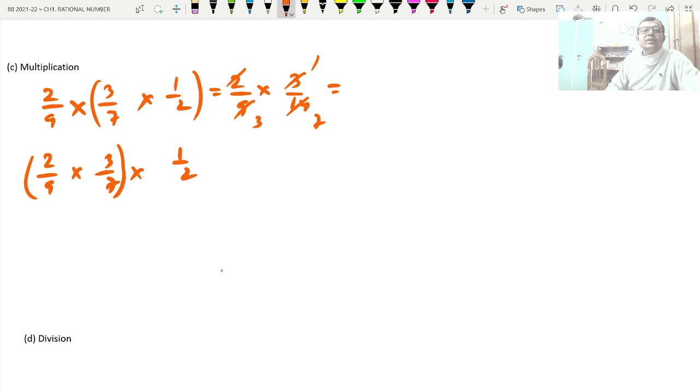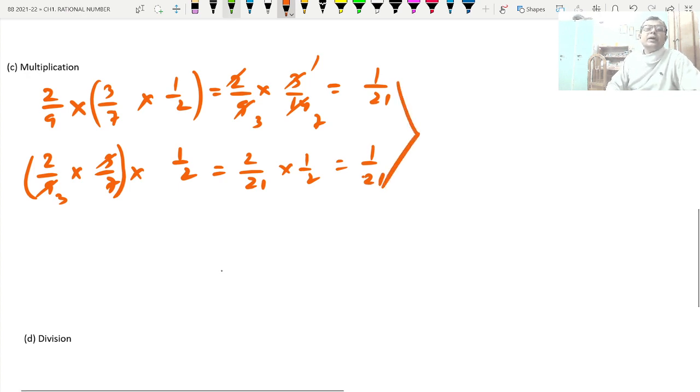So it will be 1 by 21. So here it will be 2 by 9 into this if you multiply, this you cancel 3 times, so it will be 2 by 21 into 1 by 2, so this is 1 by 21, right? So what does this imply?